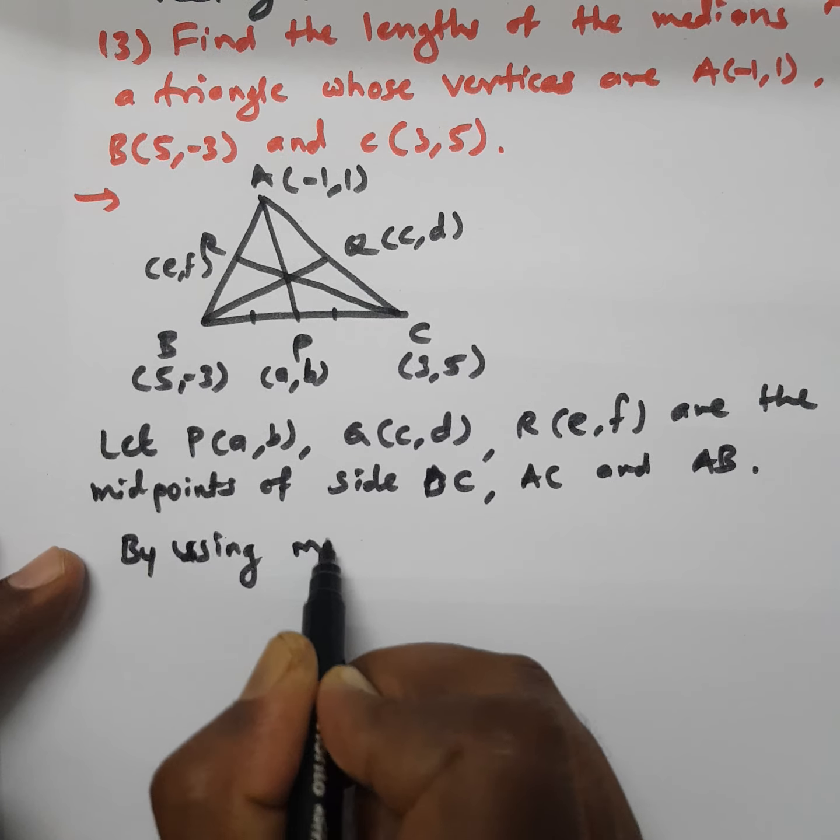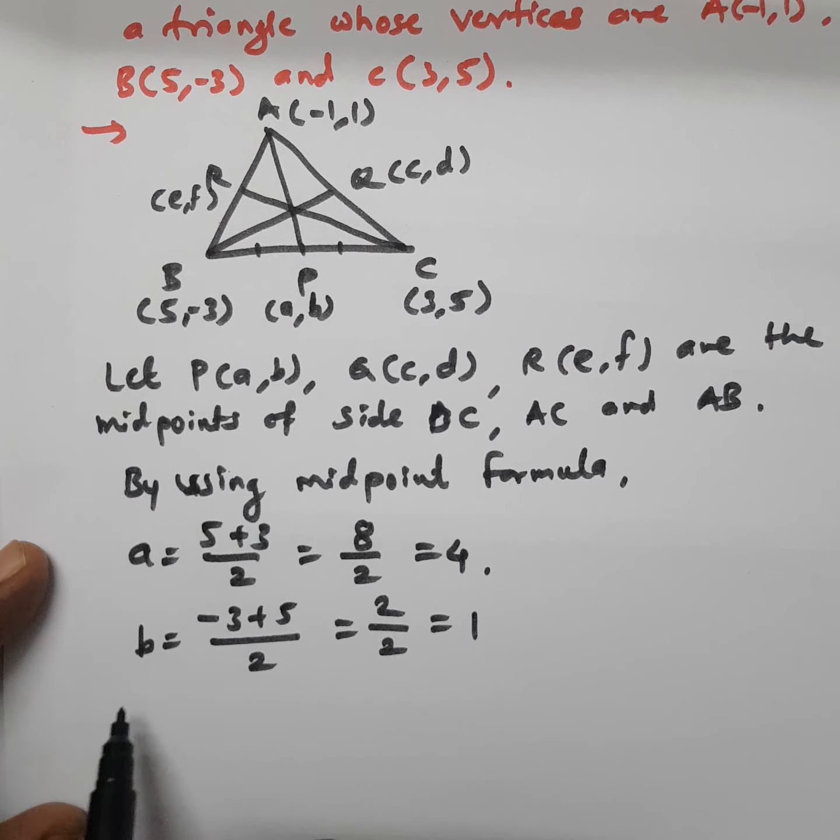x coordinate of P, that is A, is equal to (x1 plus x2) upon 2, 5 plus 3 upon 2, is equal to 8 upon 2, is equal to 4. Now, B is equal to (y1 plus y2) upon 2, that is -3 plus 5, 2 upon 2, is equal to 1.